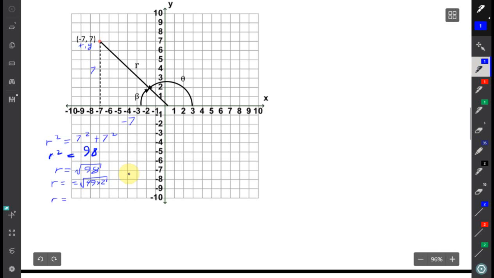And so R is equal to 7 root 2, since the square root of 49 is 7. Now we can label this side then. This is equal to 7 root 2.